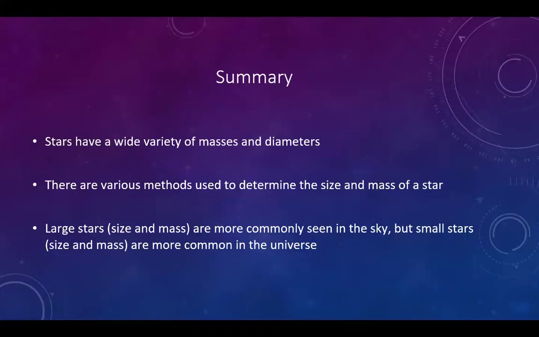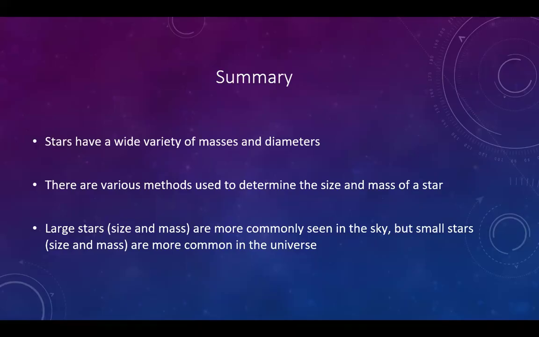So stars have a wide variety of masses and diameters, from something akin to the size of Jupiter to something 1,400 times the size of the sun. And there are various methods used to determine the size and mass of a star, mostly looking at binary stars for mass, and then looking at the brightness for size.